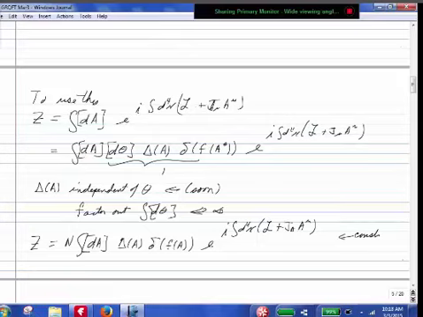So we end up with Z is some number times the integral dA delta of A, the constraint, and then e to the i integral d^4x Lagrangian plus JA. And so now I have just the constrained integral.